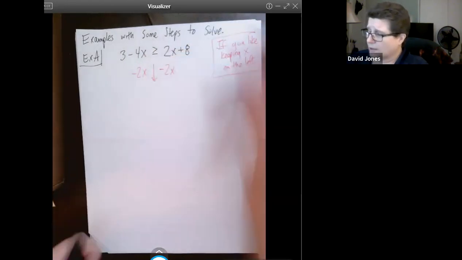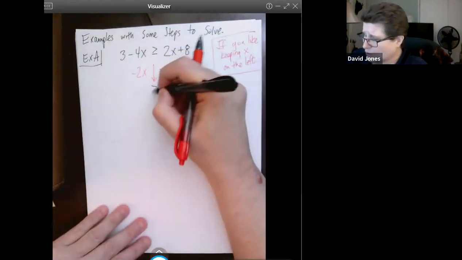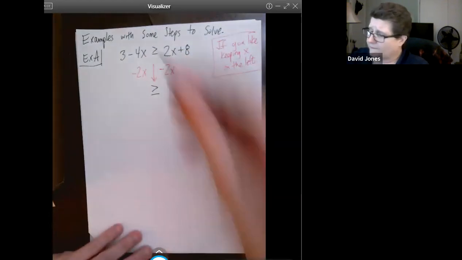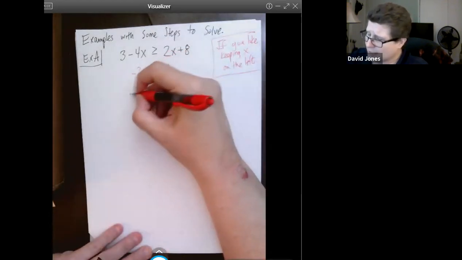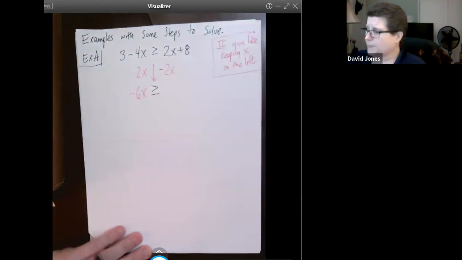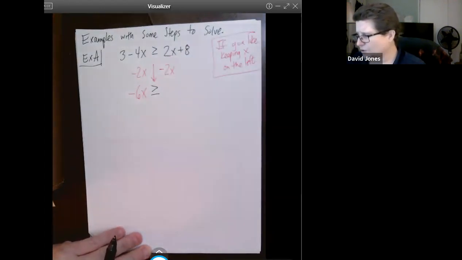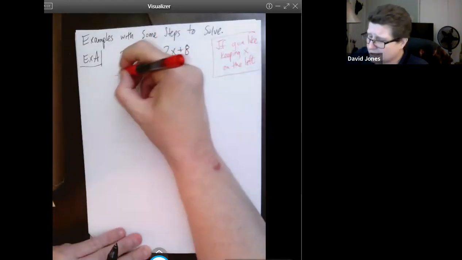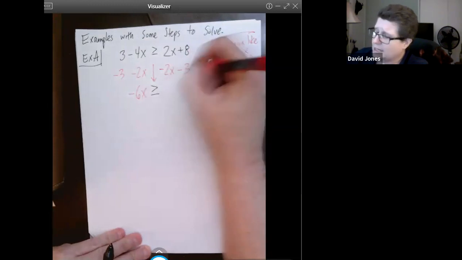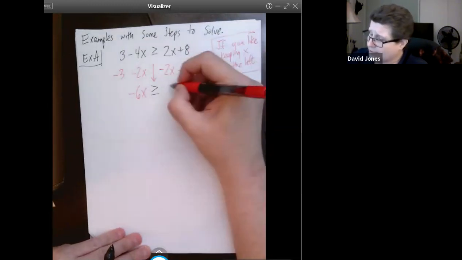So my inequality is going to come down greater than or equal to negative 4x and negative 2x makes negative 6x on the left, 0x on the right. And since I'm moving all the x values, the variables, to the left, I'll move my constants to the right by subtracting 3. And 8 minus 3 is 5.